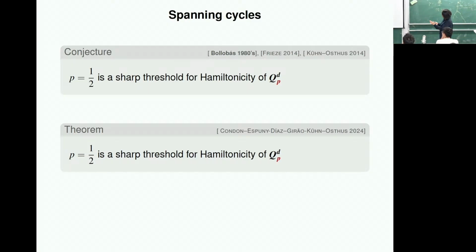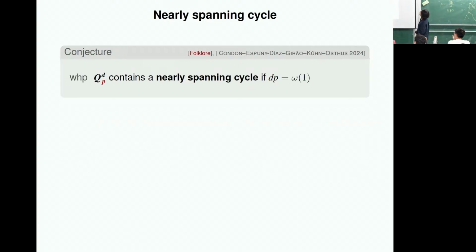Having said that, like in matching, if we do not want to guarantee the spanning cycle, but nearly spanning, that every vertex is contained in a cycle, but almost every, then what can we say? Do we have to go that far, like 1 minus epsilon over 2, or can we go even sparser? Yes, we can go sparser.